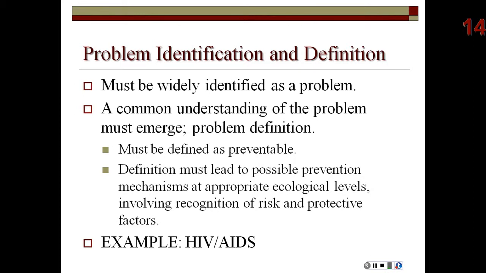We're sort of in this place where we will always have people in poverty, right? So because of that thinking, it's not possible to really implement a strong prevention program. So you need to have those two components to really start implementing strong programs. And we've done a lot of work around HIV/AIDS on this particular issue.